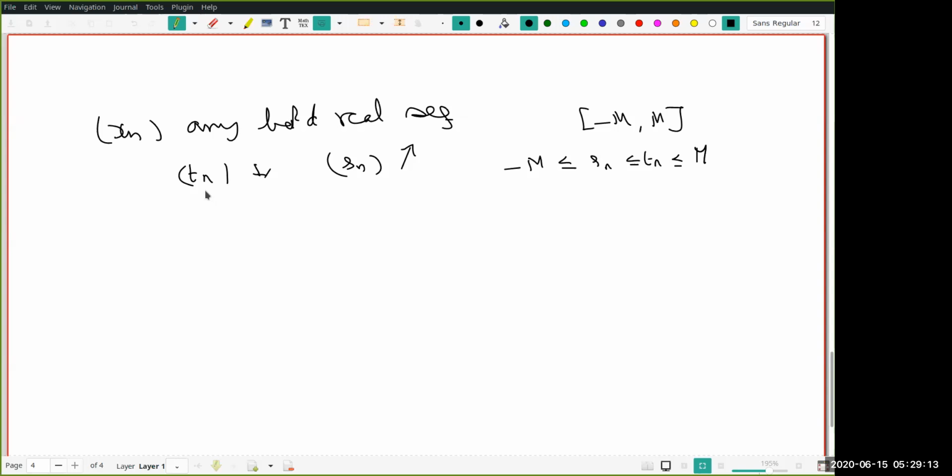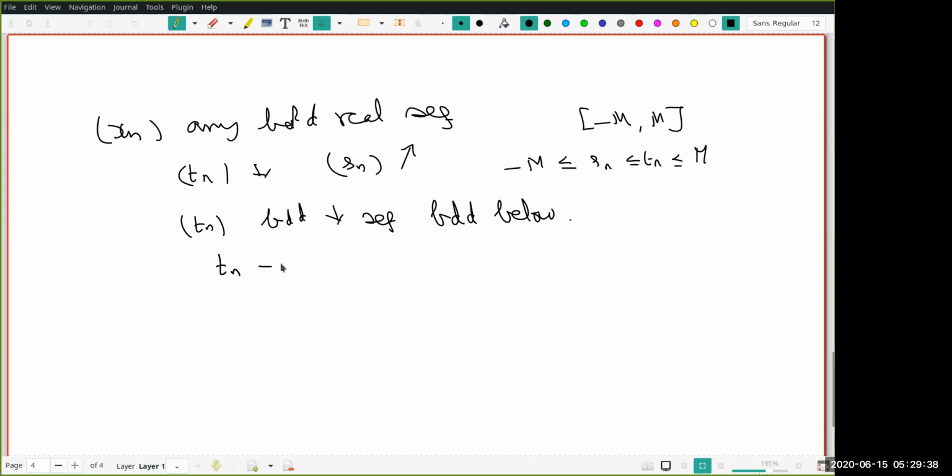Now notice that Tn is a decreasing sequence bounded below by minus M, therefore it must be convergent, right? Recall your theorem: a decreasing sequence bounded below is convergent. Where does it converge?